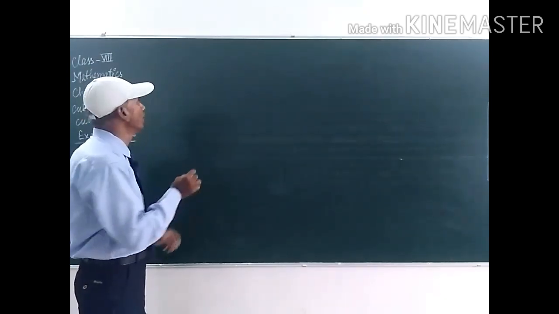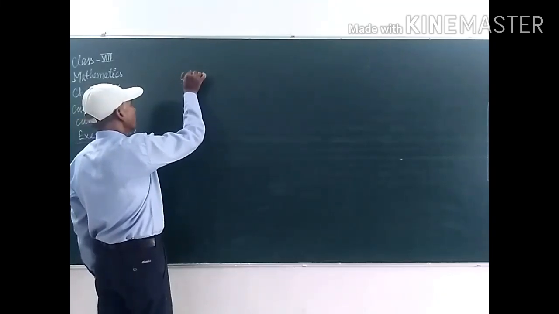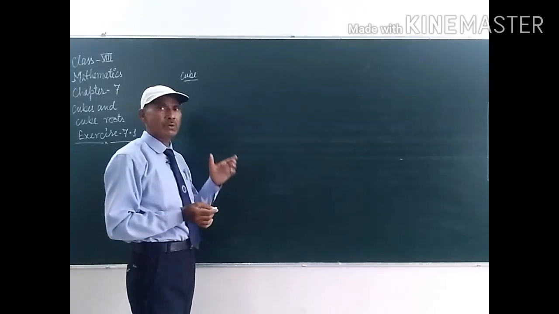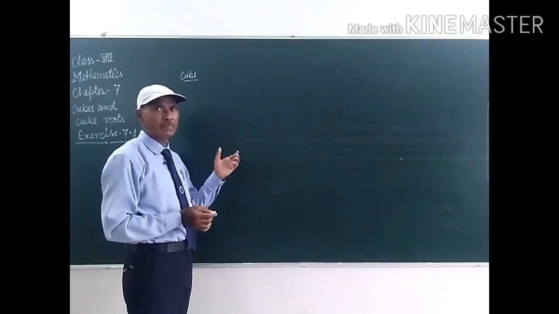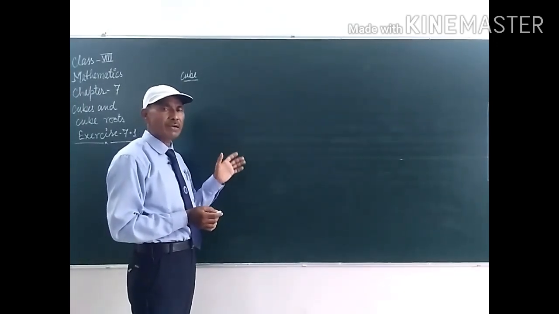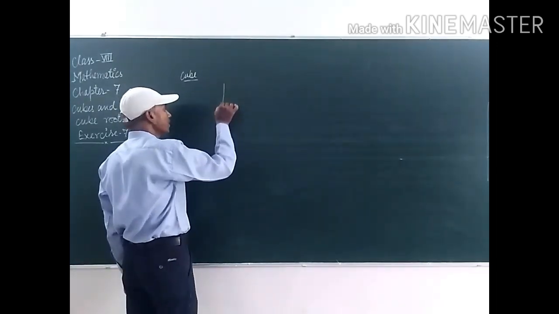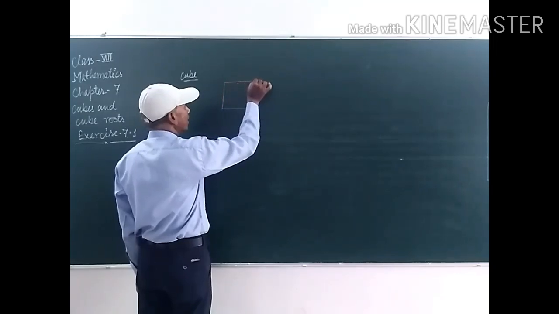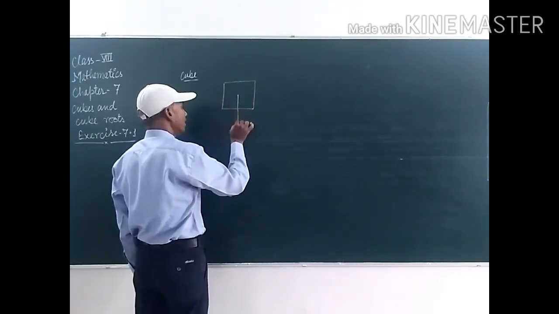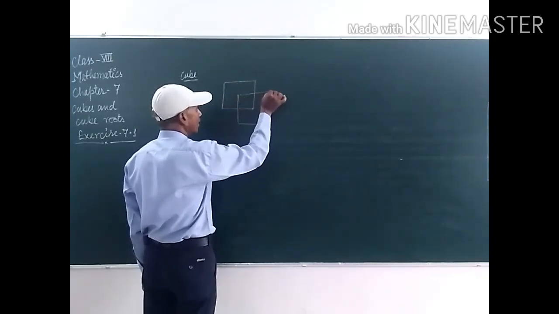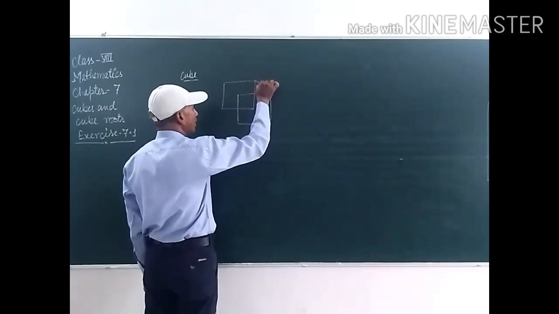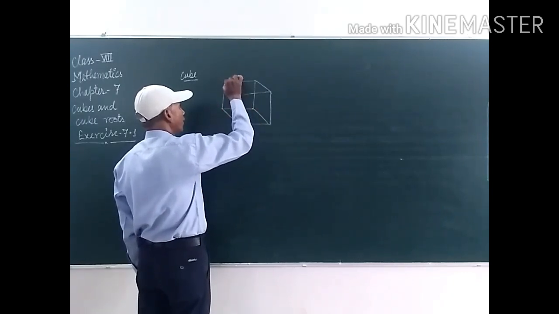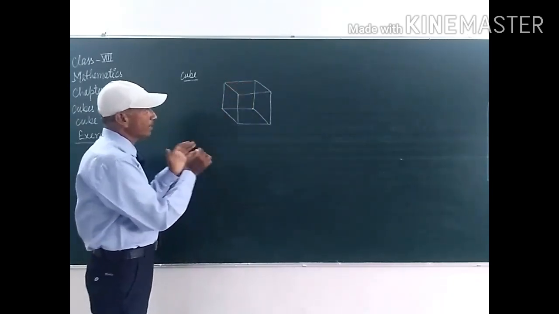What is a cube? In geometry, students, you know about a figure whose length, width and height are of equal length. Means this one, this is a cube, student.